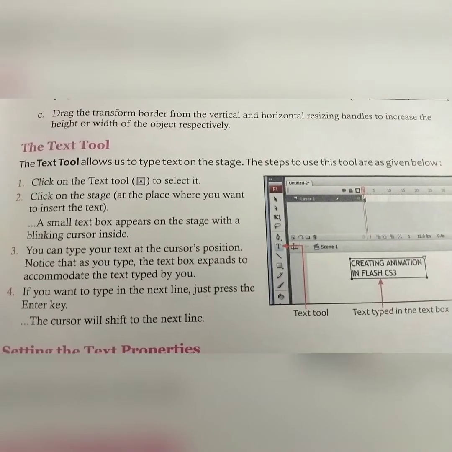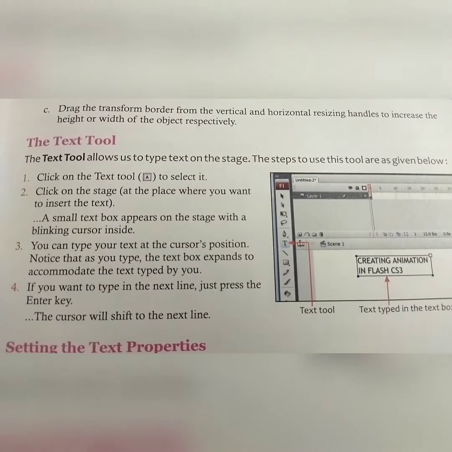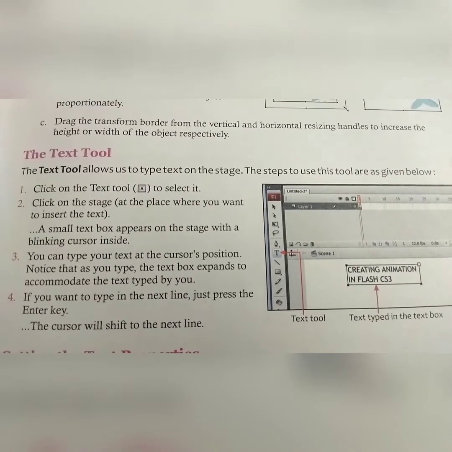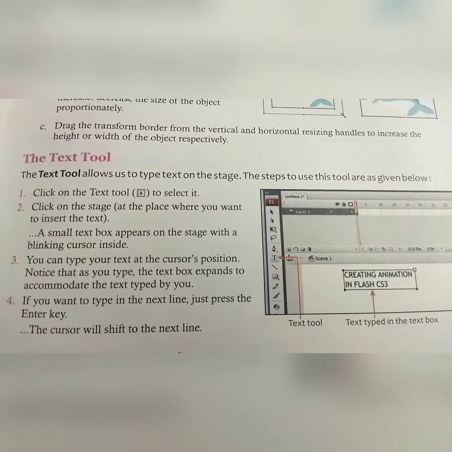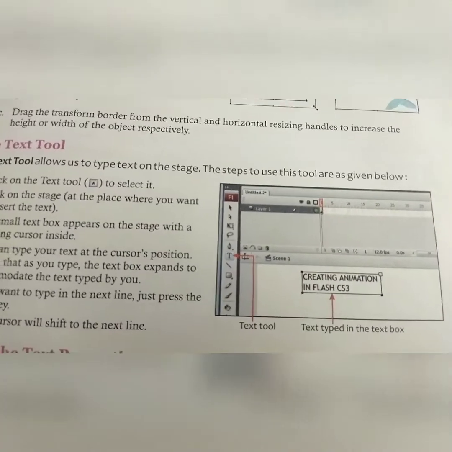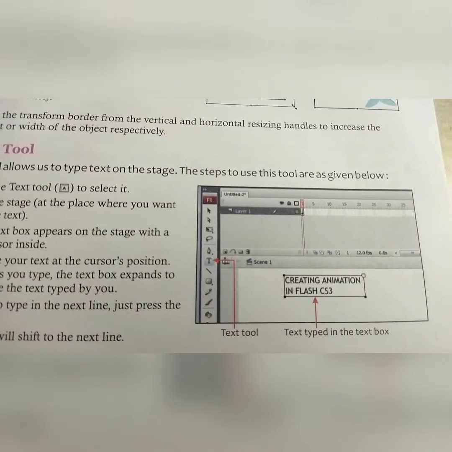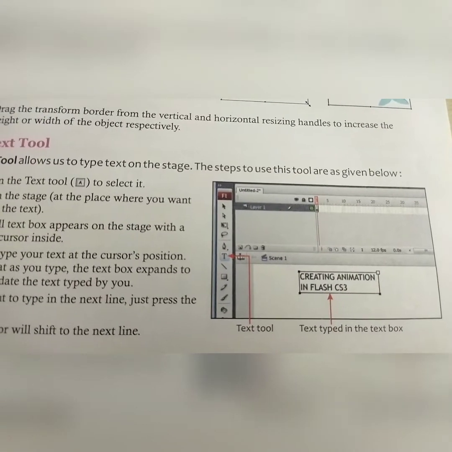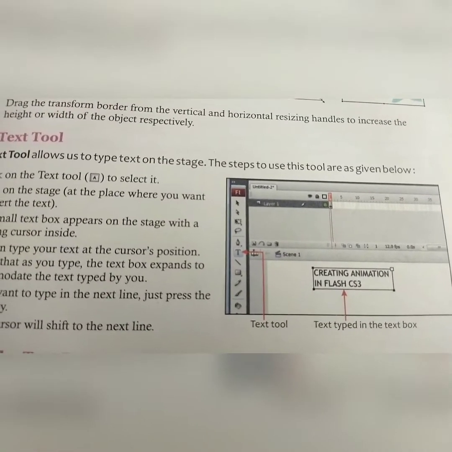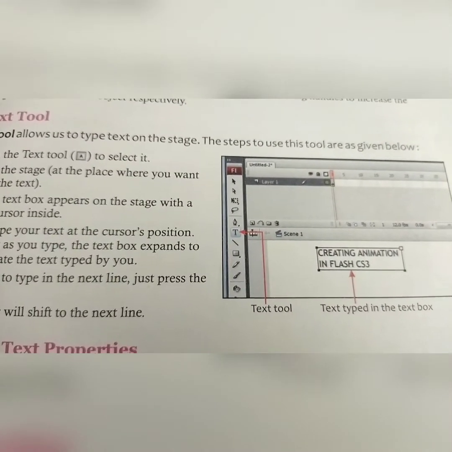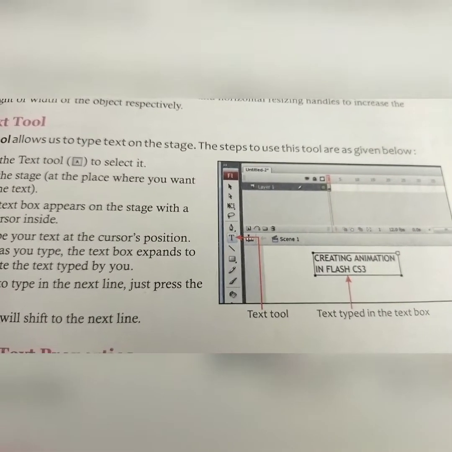Notice that the text box expands to accommodate the text typed by you. If you want to type in the next line, just press the Enter key, and the cursor will shift to the next line. So this is the text tool in Flash. Type text in the text box given in your Flash document. It's very easy to create text in a Flash document.